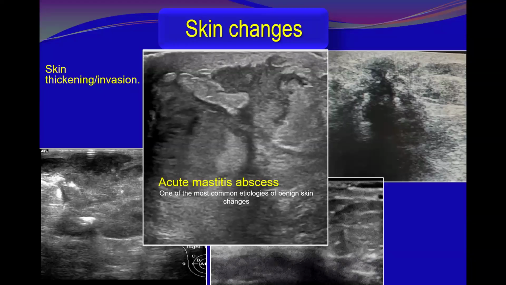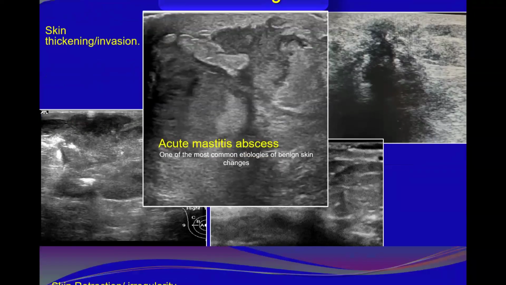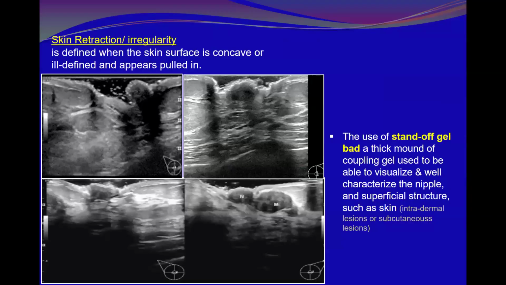And this is from the literature: acute mastitis with abscess tracking into the overlying skin thickening, one of the most common benign etiologies of skin changes. And here we can see skin retraction. Do you remember this case of periductal mastitis?